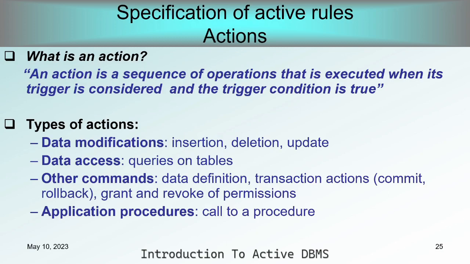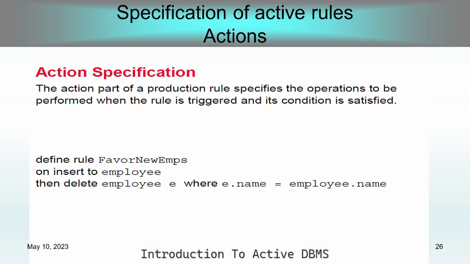It can be certain commands like data definition, transaction actions, commit, rollback, grant, revoke operations, an application procedure, or a call to a procedure based on certain condition. So action specification is a part of a production rule which specifies the operation which needs to be performed when a rule is triggered and its condition is satisfied.